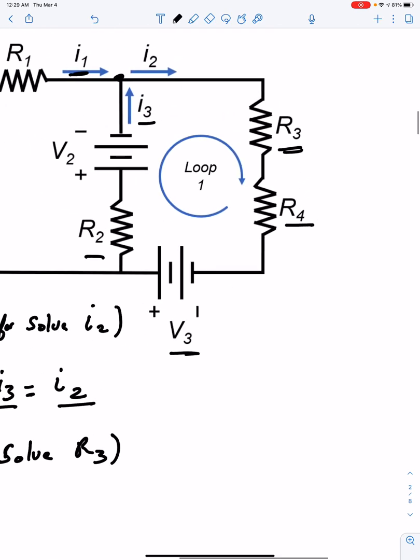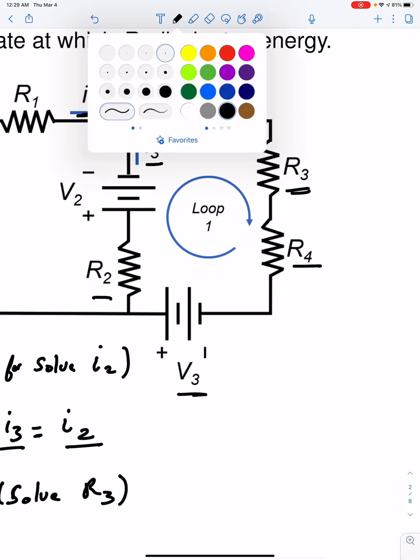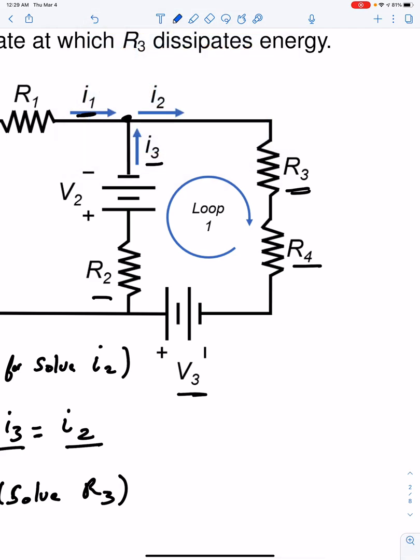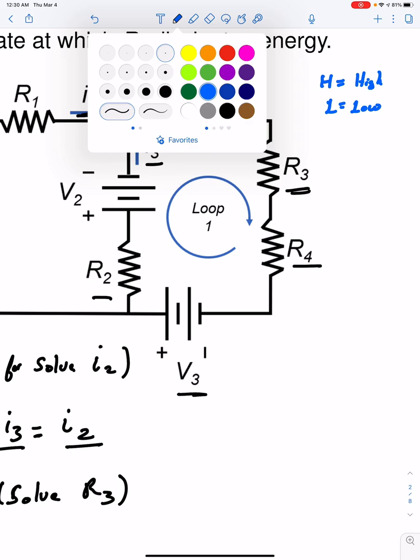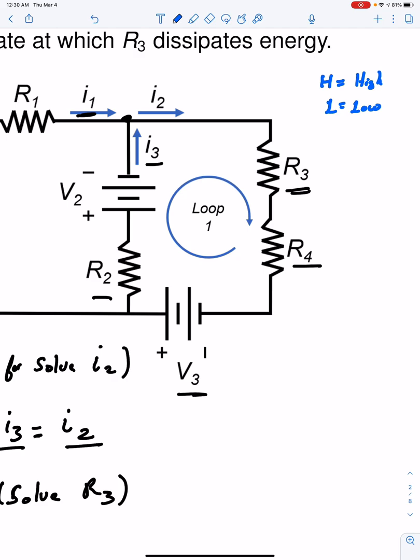I am going to write down that H equals high, and L equals low, just so you can see how my way of thinking is. Whenever we're passing through Kirchhoff, when it comes to a battery, it always starts low and then goes to high.